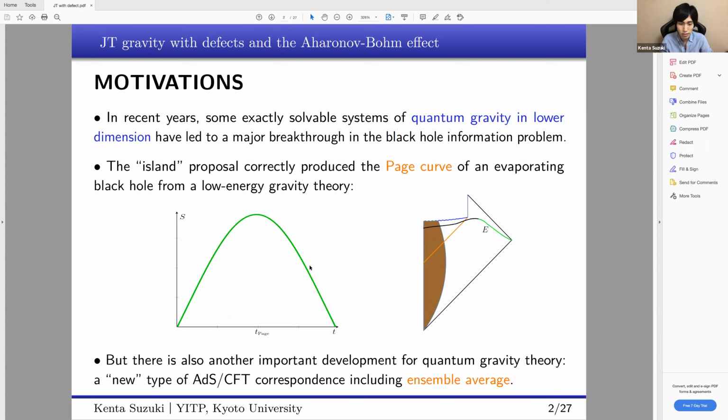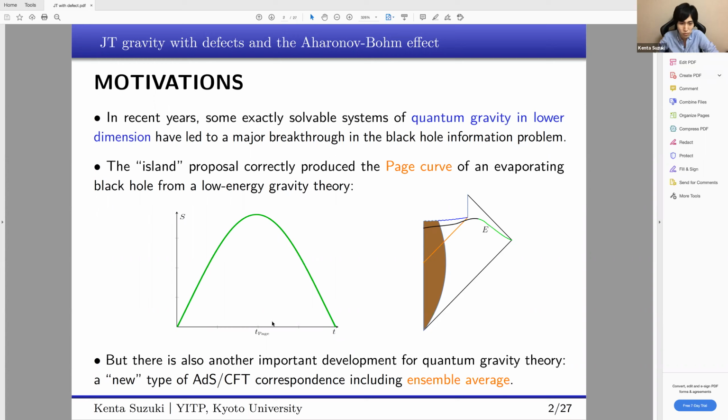However, if you require that the underlying quantum mechanical process is unitary, then the entanglement entropy of Hawking radiation should behave like this curve. This curve is a Page curve, and there should be some transition in the middle of evaporation, and this transition time is called the Page time.